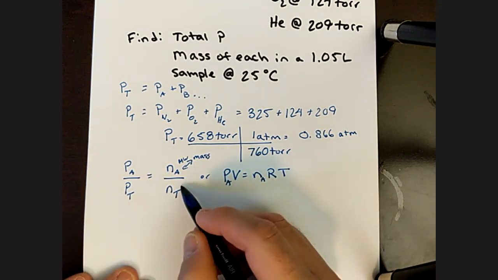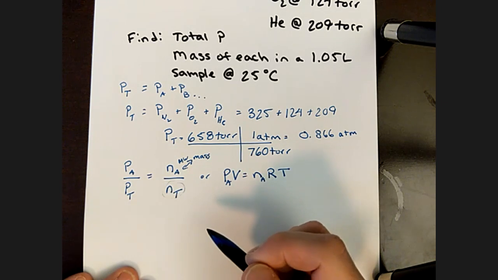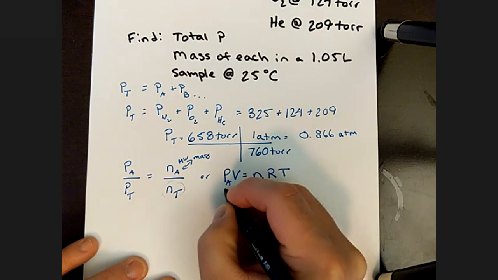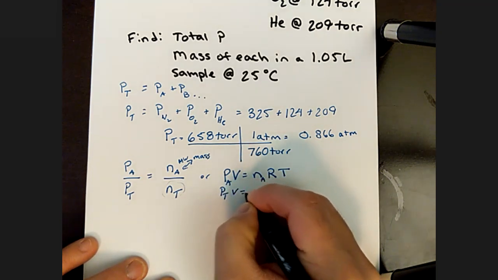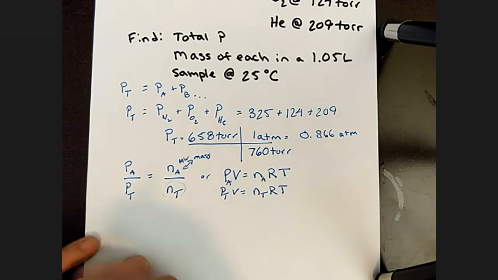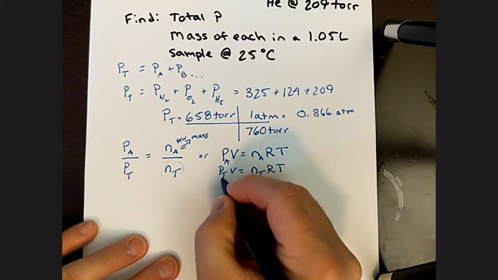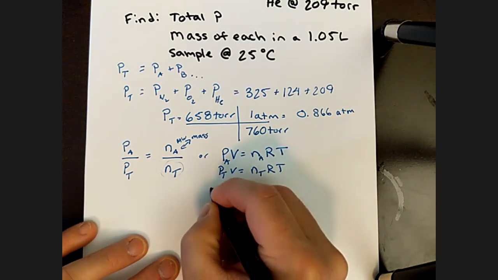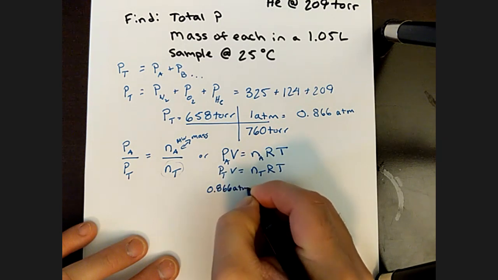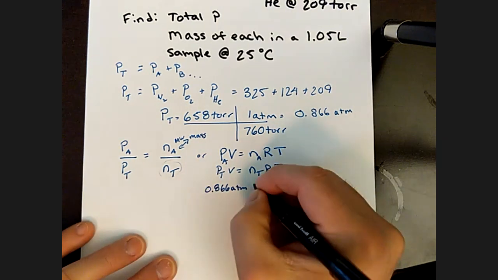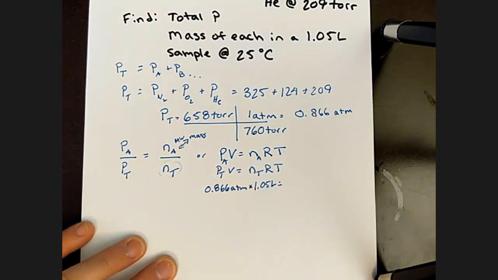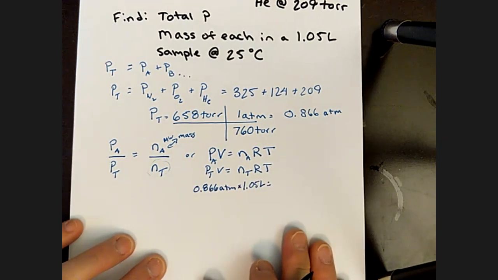But in order to solve that, I need to know the total moles of my system. So we have the similar gas law equation. My total pressure, I already know, and my volume, I was already told, is 1.05 liters.